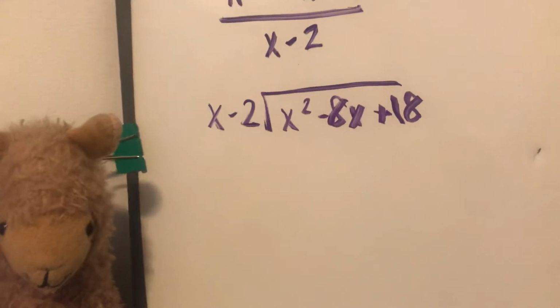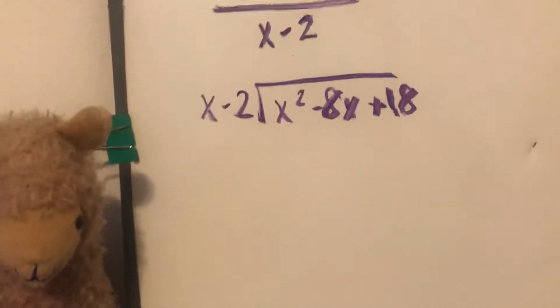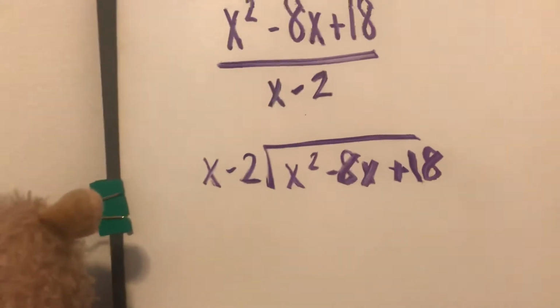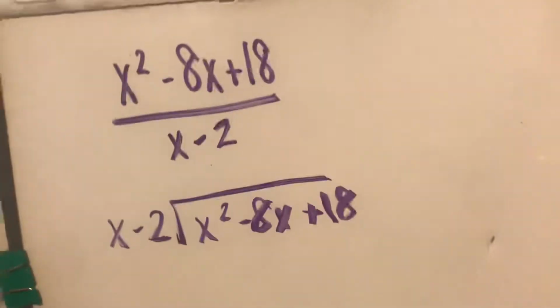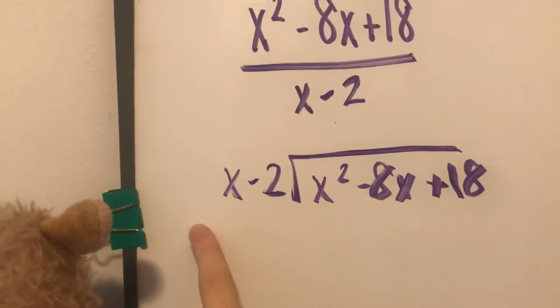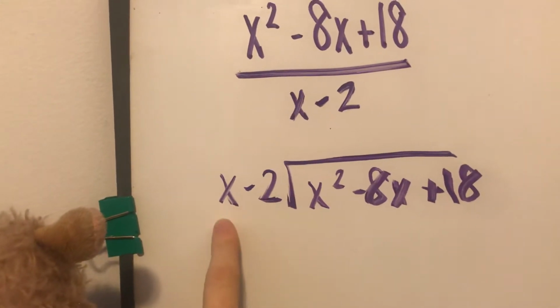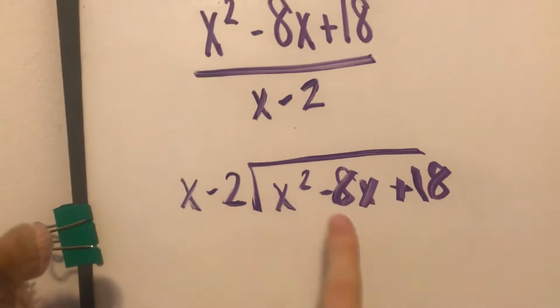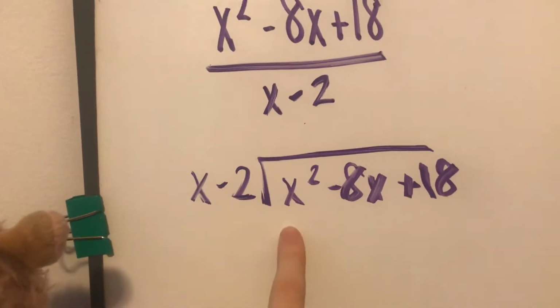So again, another walkthrough. No matter how many terms you have inside your house, whether it's 10, 5, 3, 2, whatever it is, you're just starting with your first term always. And I'm looking on the outside of my house thinking, okay, I have an x here. What do I need to multiply this x by to eliminate that x squared?